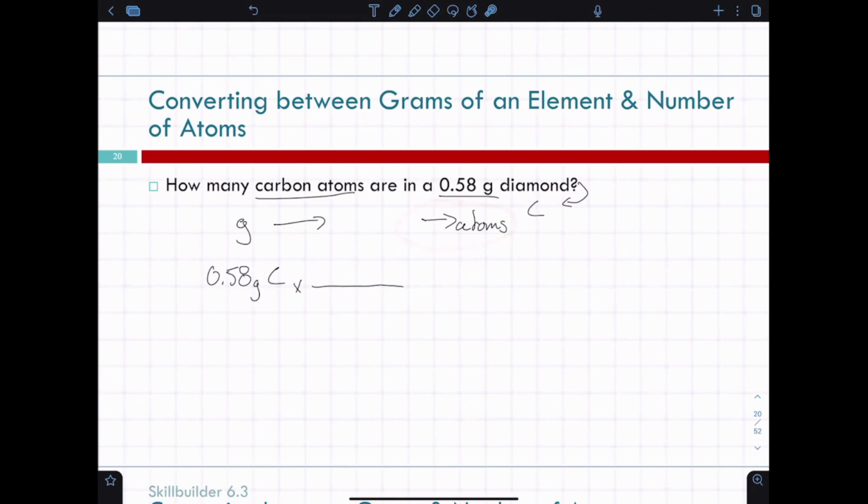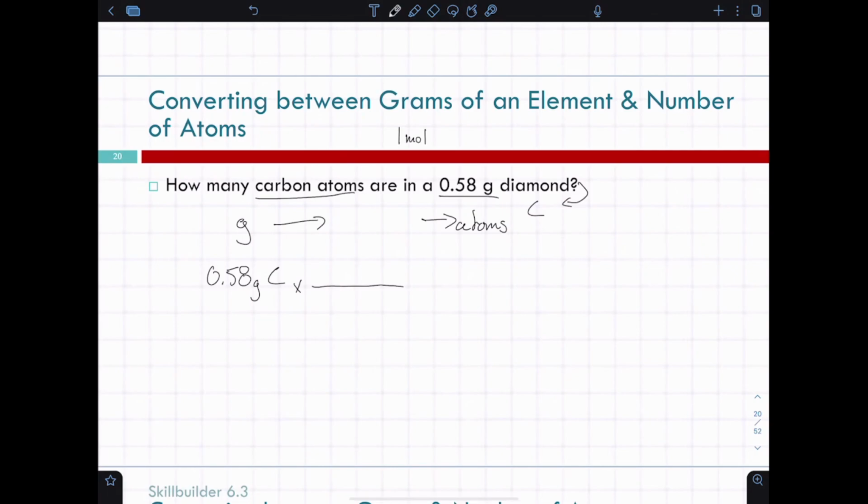Okay. So how do we get there? We have one conversion factor that will get us to atoms. We've only talked about one. I'm really just looking for you to think to yourself here. That's Avogadro's number, or that big number that I've said too many times now.